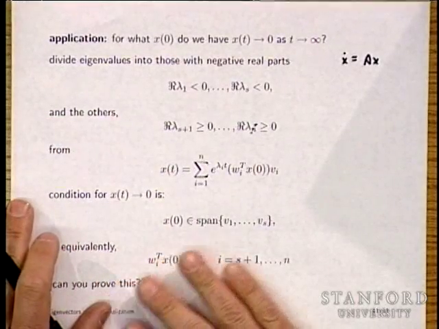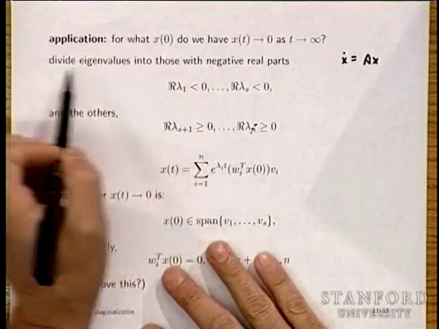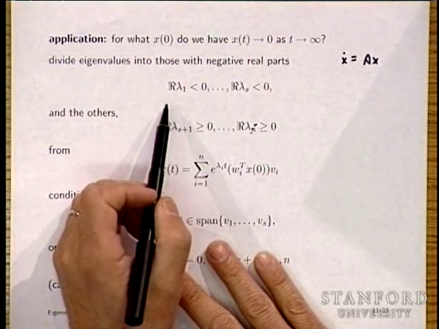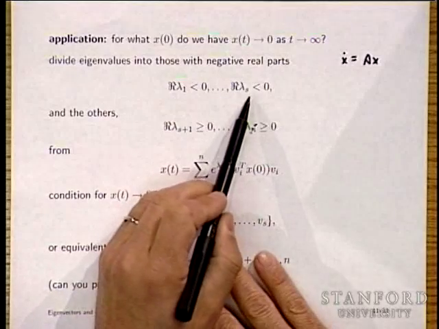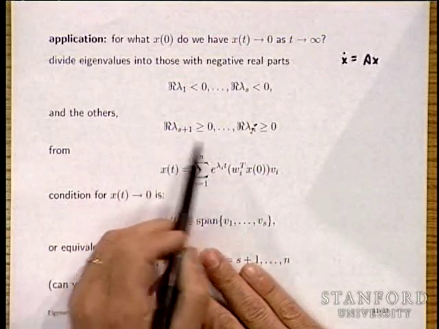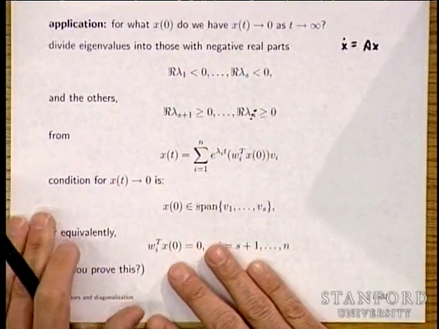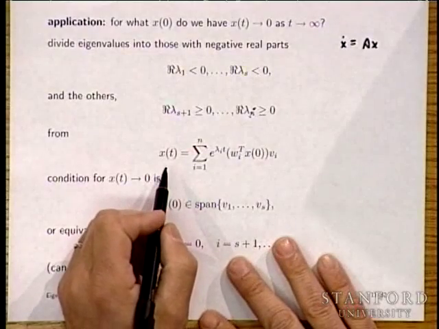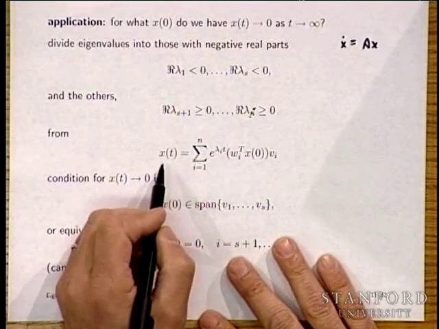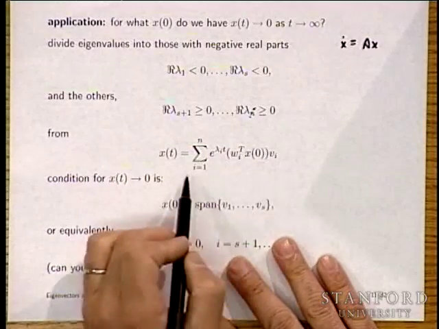Okay. Now, the way to answer this is you divide the eigenvalues into those with negative real part, so let's say that's the first s of them, and the others, which have non-negative real part. Now we can answer the question lots of different ways. One is this: you say that's just the formula for x of t.